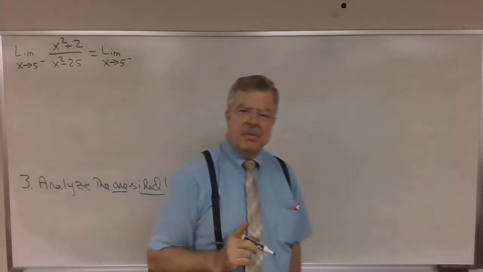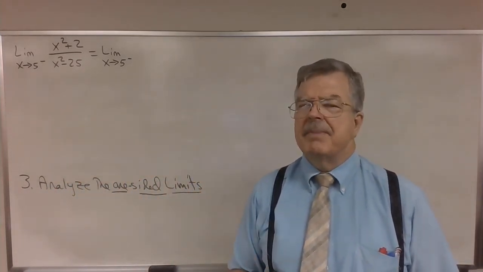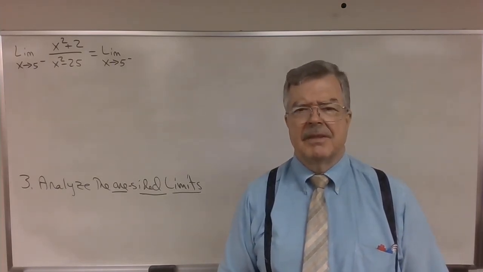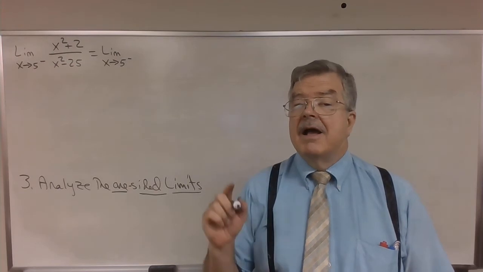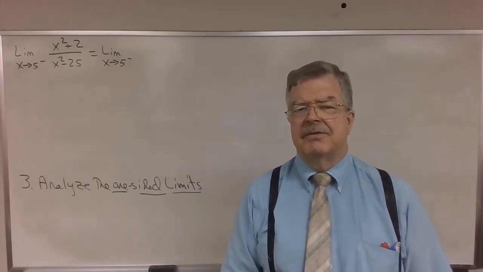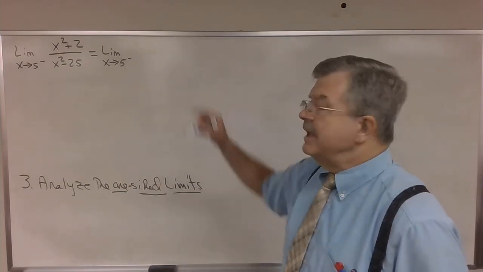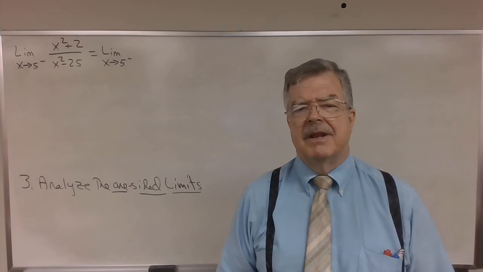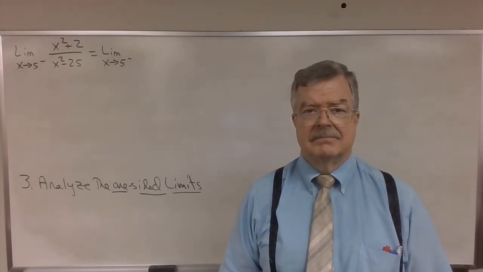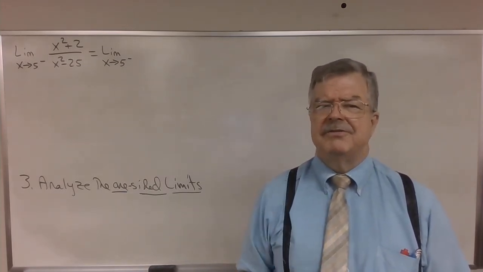Now, in light of what I just said, what I'm about to do next is going to look pretty strange. I can't cancel a common factor and compute the limit that way. But I'm going to take this one-sided limit and I'm going to factor the denominator anyway. I do have a reason for this.